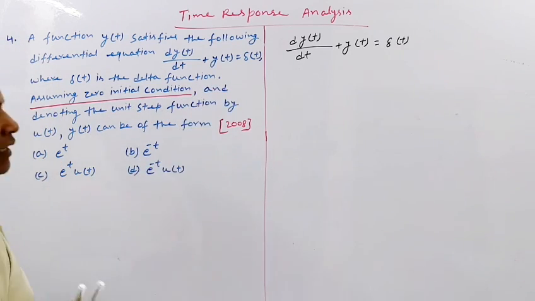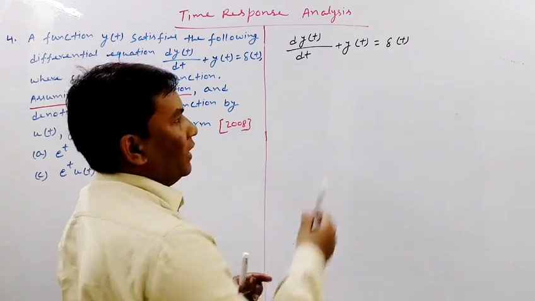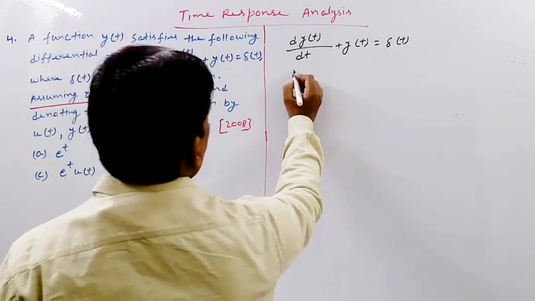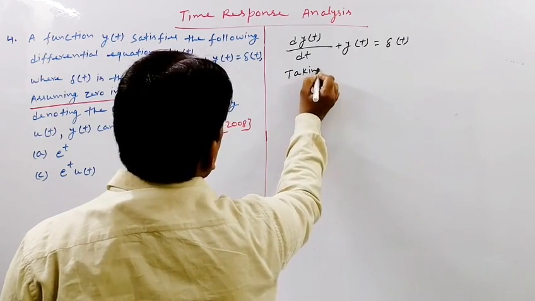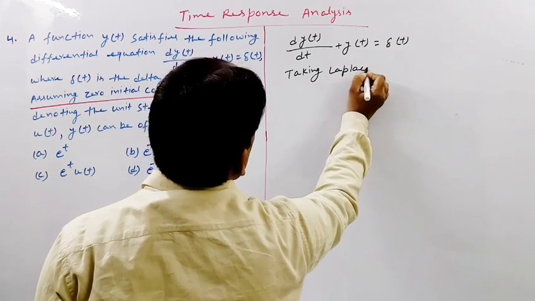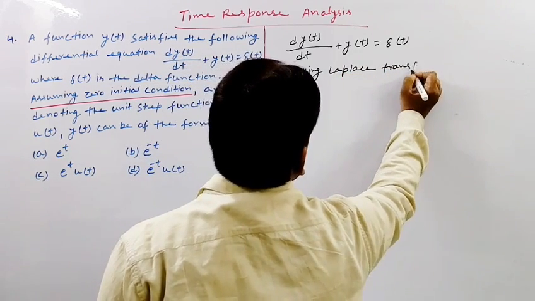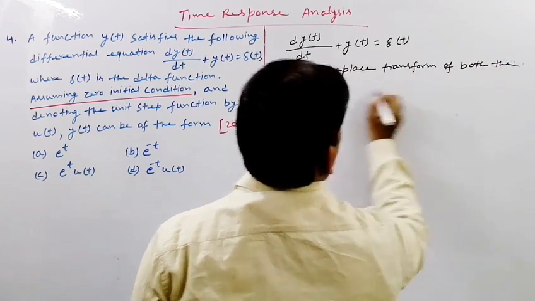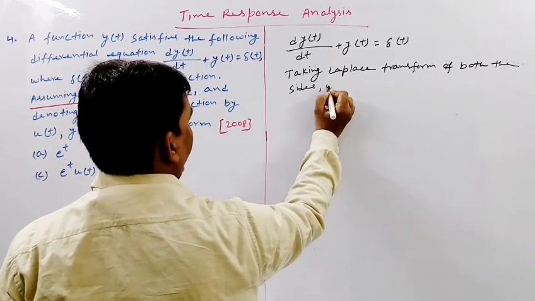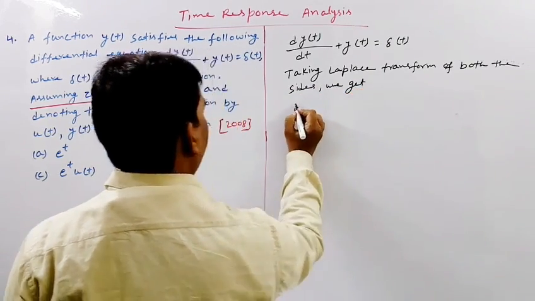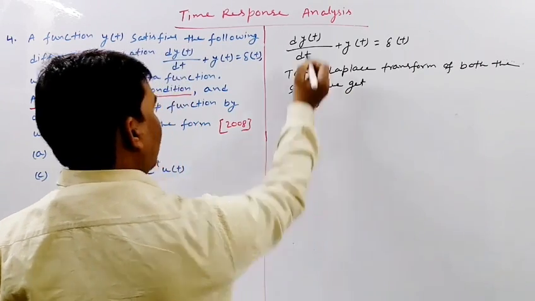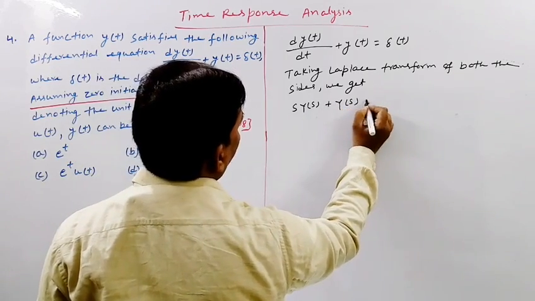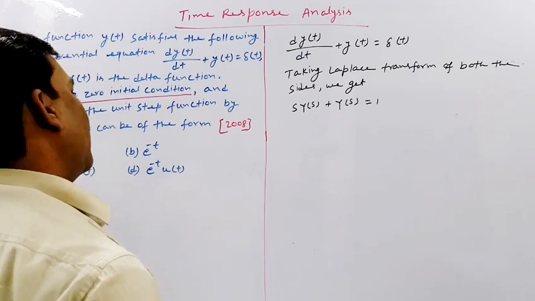So now if we take the Laplace transform of both sides, then no initial condition term will come, since it is zero. Taking the Laplace transform of both sides, we get s Y(s), where Y(s) is the Laplace transform of y(t), plus Y(s), and this will be equal to 1 because the Laplace transform of the delta function is 1.